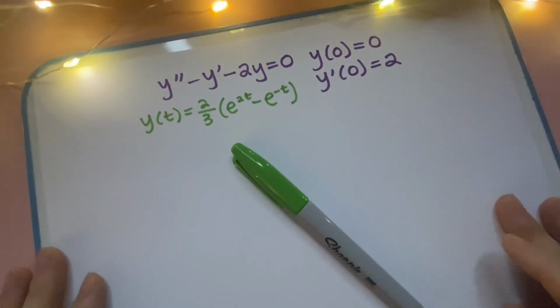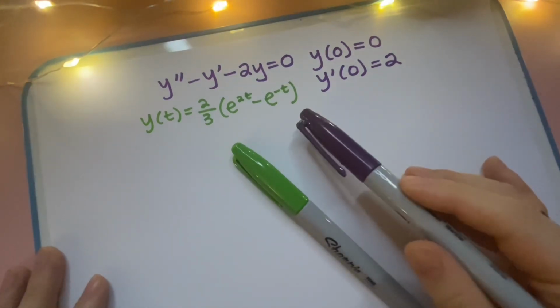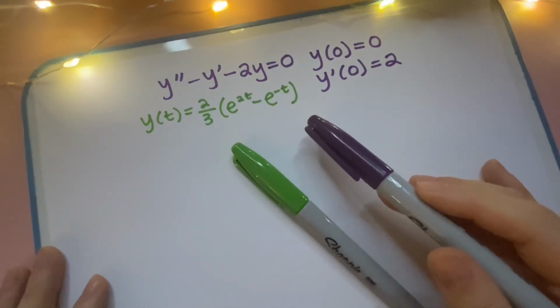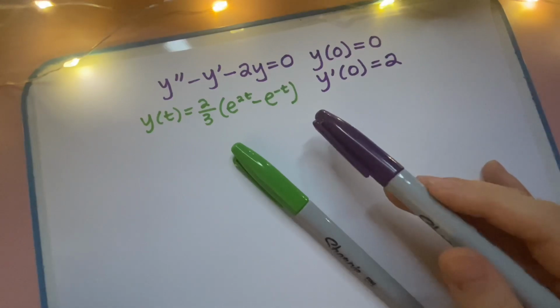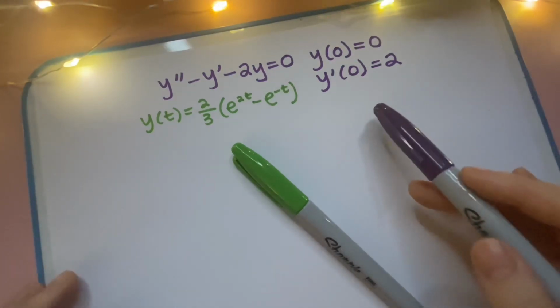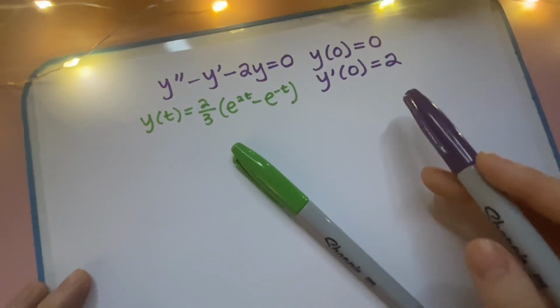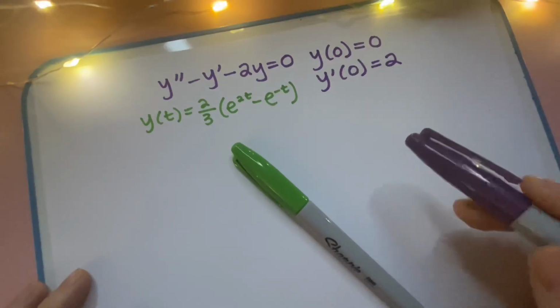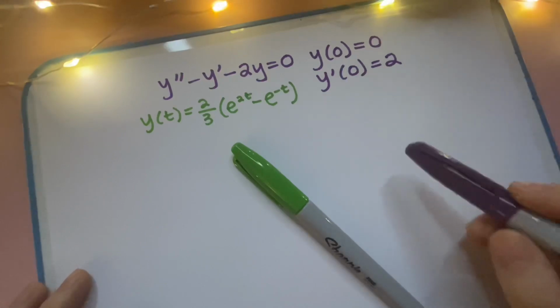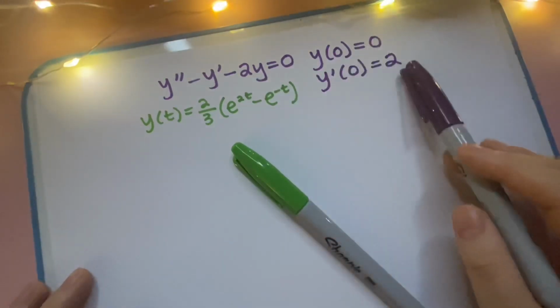I will be checking a solution that we got in a previous video, the last one I think. So it's an answer that we got from an example of using the Laplace transform. Here's the actual question itself.